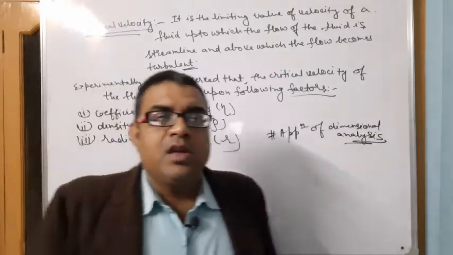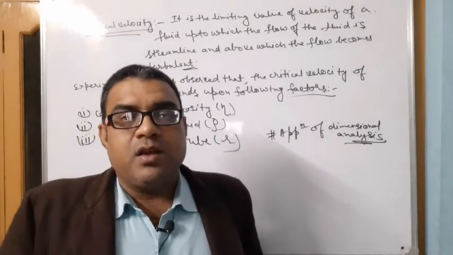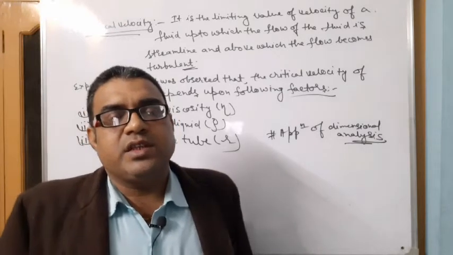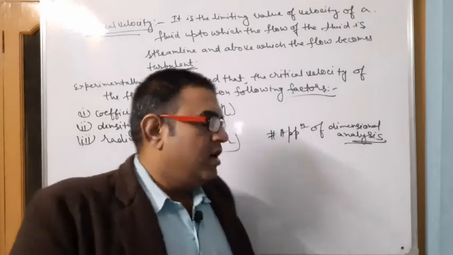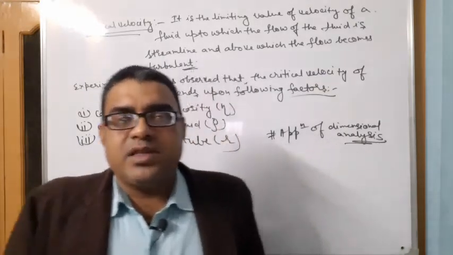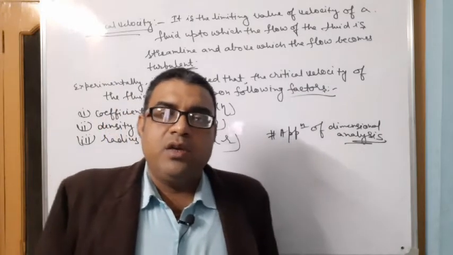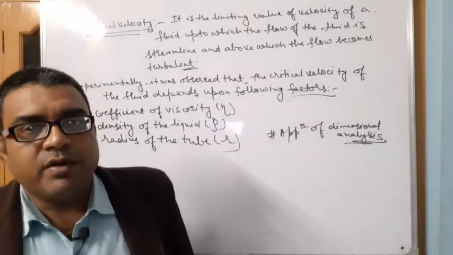First one is checking the consistency of any physical equation which is given, which can be done on the basis of dimensional analysis. Second one is conversion of one unit into another unit. And the third application is deriving the formula.